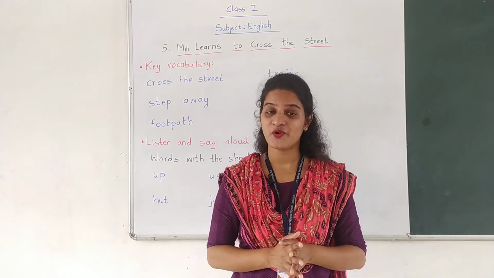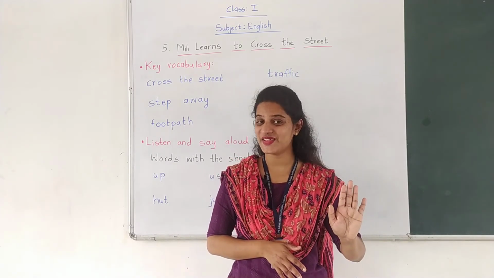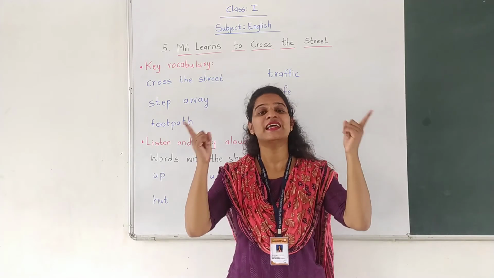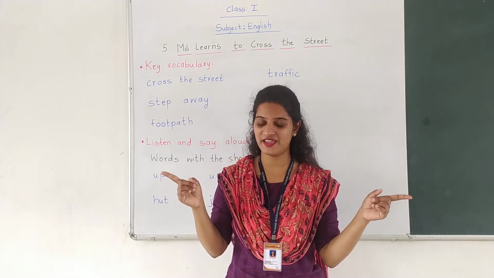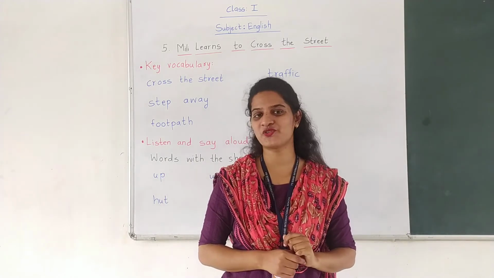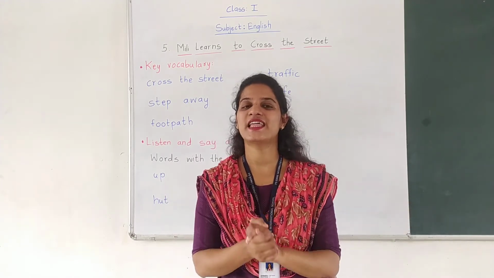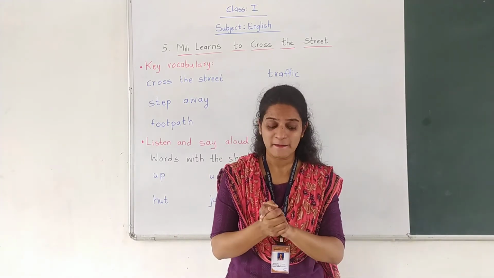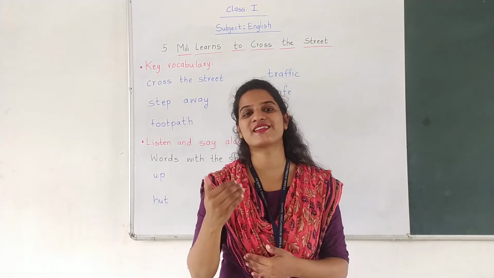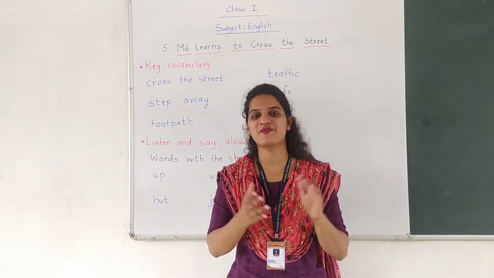Okay. We have to stop, then we have to look forward and then listen for the traffic, then think, is it safe to cross or not? Okay, these are the things that Mili says she will do before crossing the street, and we also have to follow the same rules.